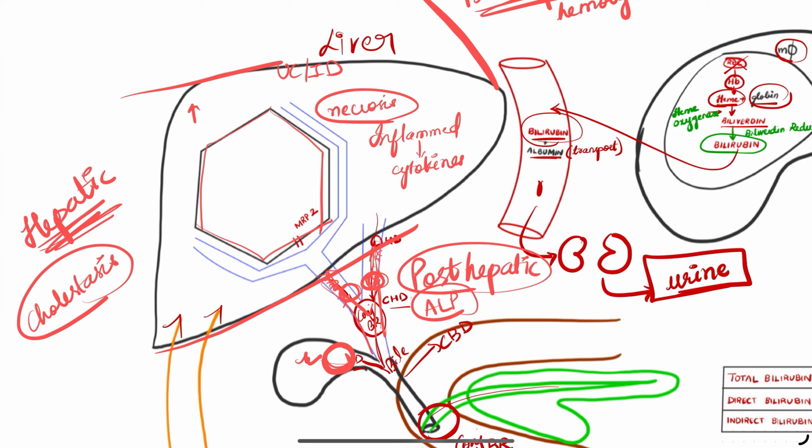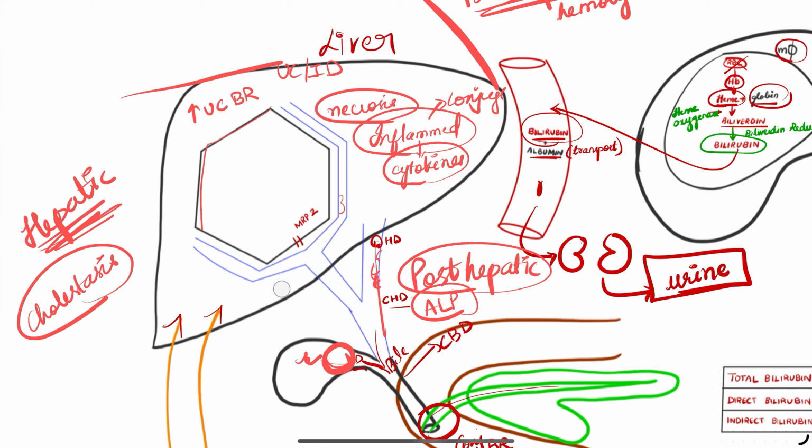So there will be rise in this unconjugated bilirubin, and also few other surviving hepatocytes are inflamed. They will help in conjugation, but because of massive release of cytokines, this biliary canaliculi can become plugged, partly blocked. So the excretion into the bile will be improper.